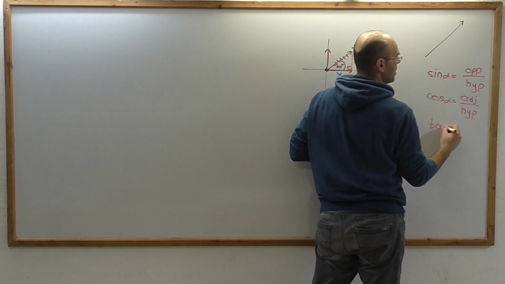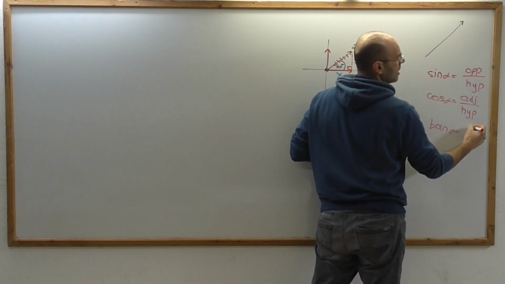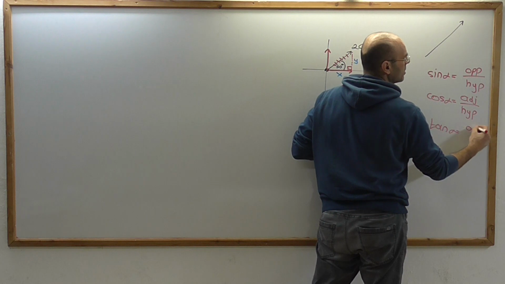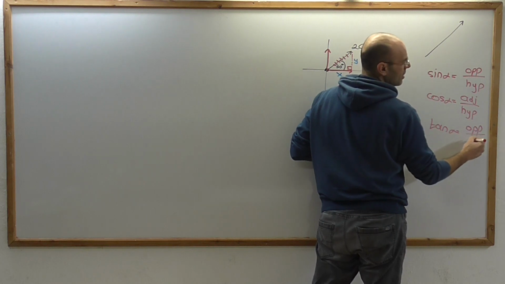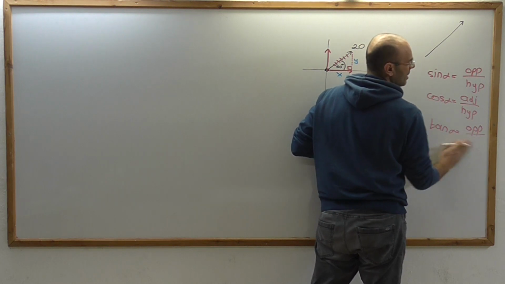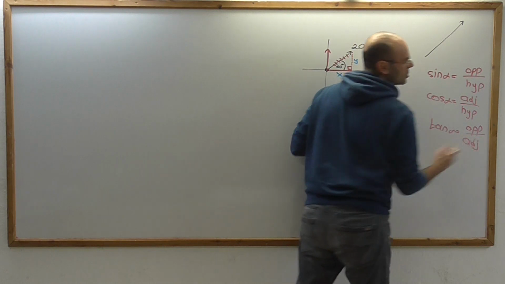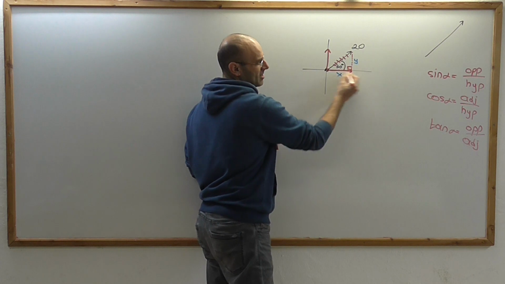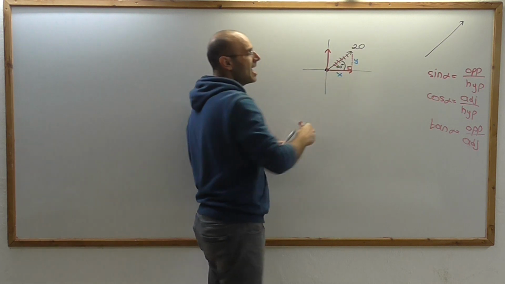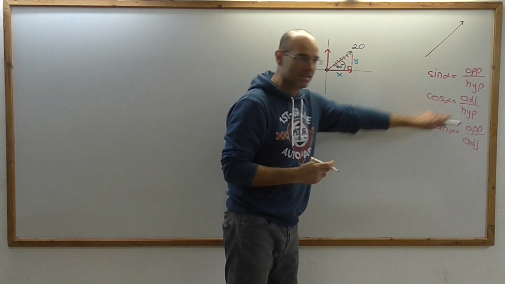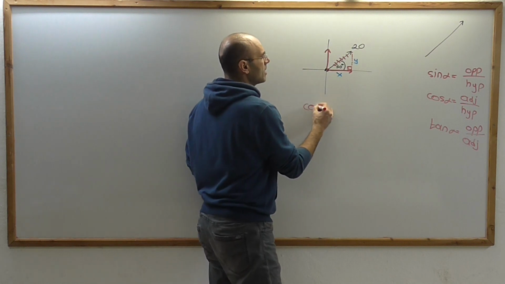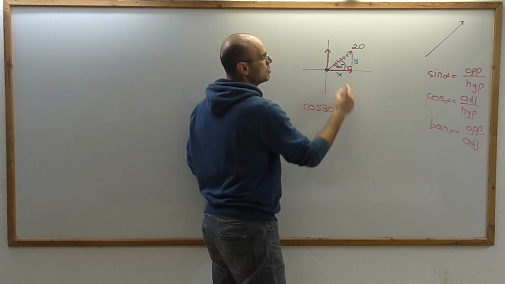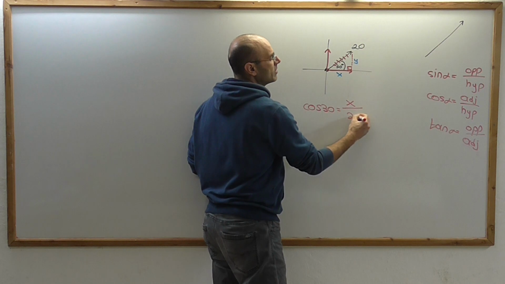And tangent alpha is opposite over adjacent. So suppose I want the x. X is the adjacent and I have the hypotenuse. Adjacent over hypotenuse is the cosine. So cosine 30 equals x over 20.